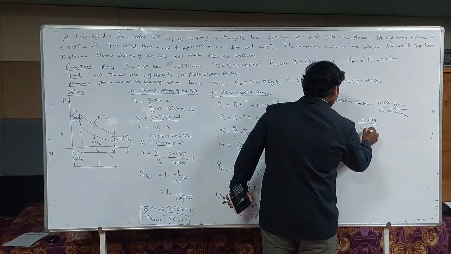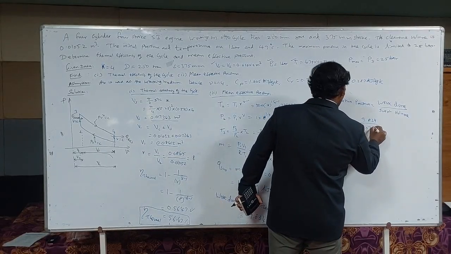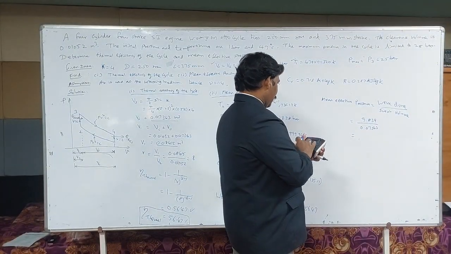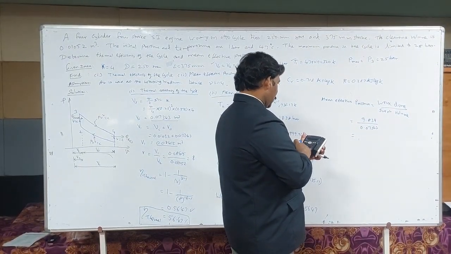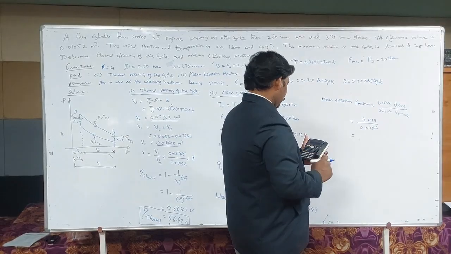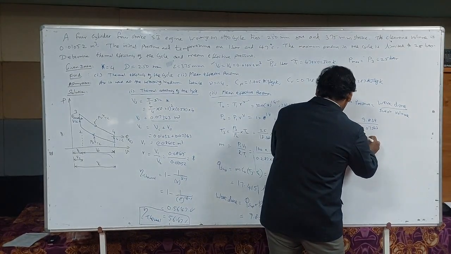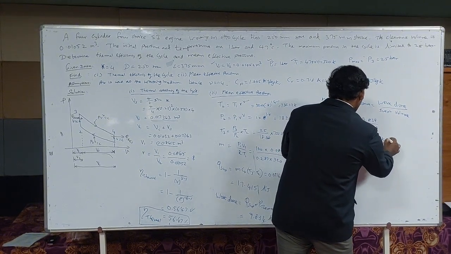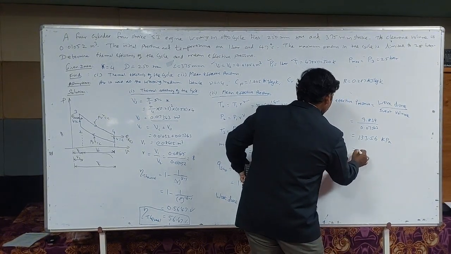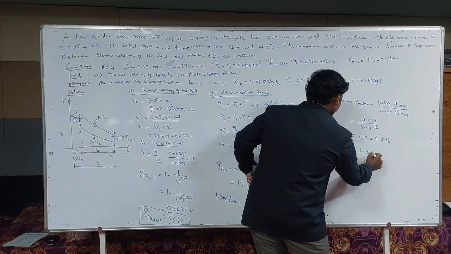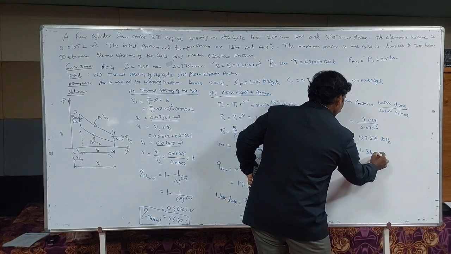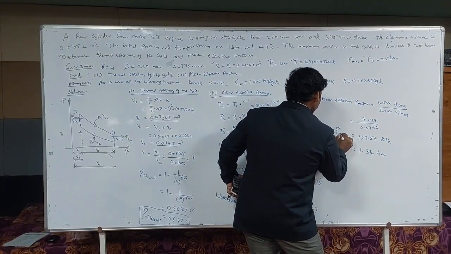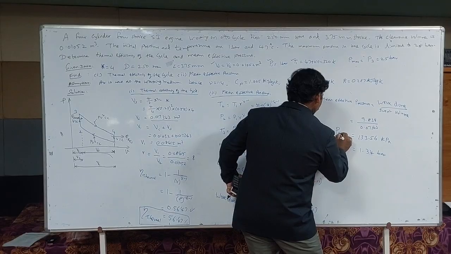So 9.834 divided by 0.07363 is 133.56 kilopascal, or I can write 1.34 bar. So this is the mean effective pressure.